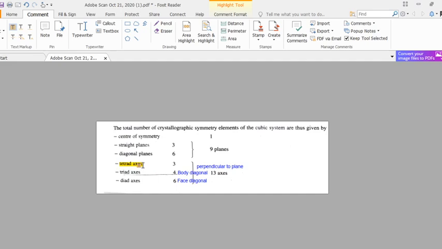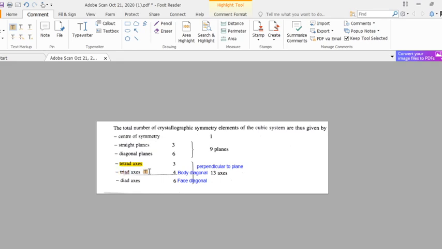Any 3 faces: a cube is made up of 6 faces, and 2 faces are always parallel to each other, and therefore any axis passing through 2 parallel planes, such 3 axes are possible perpendicular to the plane. And if you rotate a cubic crystal across those 3 axes, it remains invariant. That means in a certain rotation, you are finding a rotational symmetry.